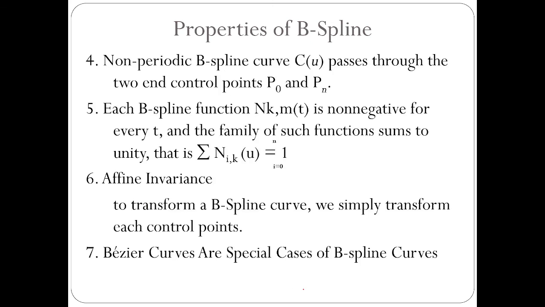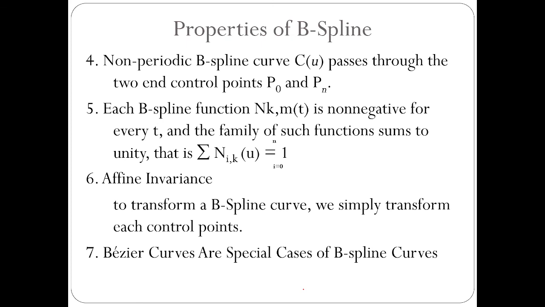A non-periodic B-spline curve C of u passes through the two end control points P0 and Pn. Each B-spline function N i,k of u is non-negative for every u, and the family of such functions sums to unity, that is, the sum of Ni,k of u equals 1, for i equal to 0 to n. By affine invariance, to transform a B-spline curve we simply transform each control point.